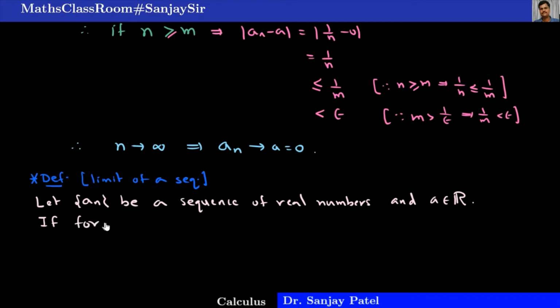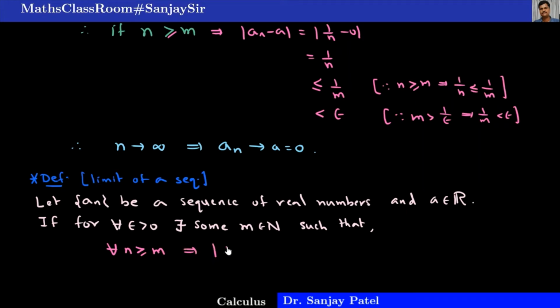If for every epsilon greater than 0, there exists some positive integer m such that for all n greater than or equal to m, mod of an minus a is less than epsilon, then we say that as n tends to infinity, the limit of the sequence an is a.